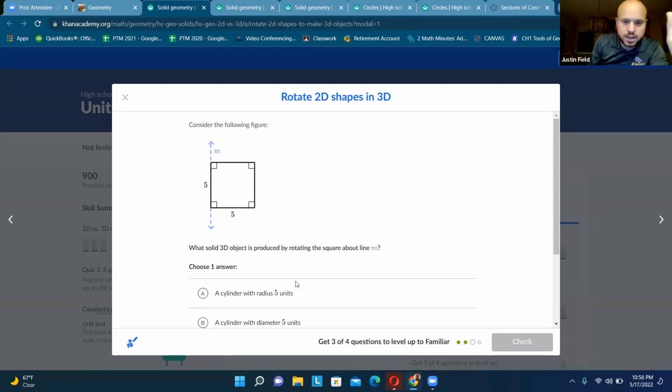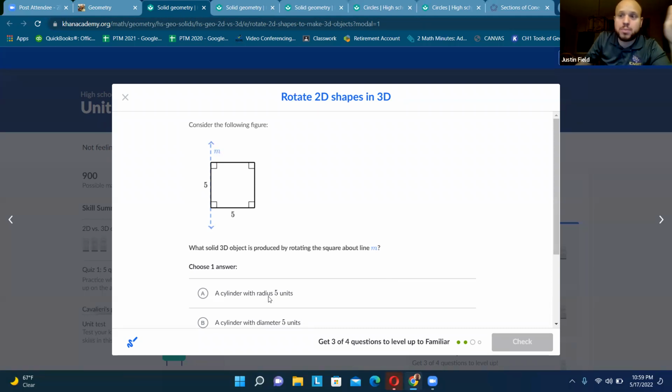If we rotate this guy around line M, then it's going to rotate in a circle. So even though it's a rectangle, it's rotating in a circle, and that is going to create a cylinder. I know you're like, well, how is that a cylinder when it's clearly a square? Well, here's the answer.